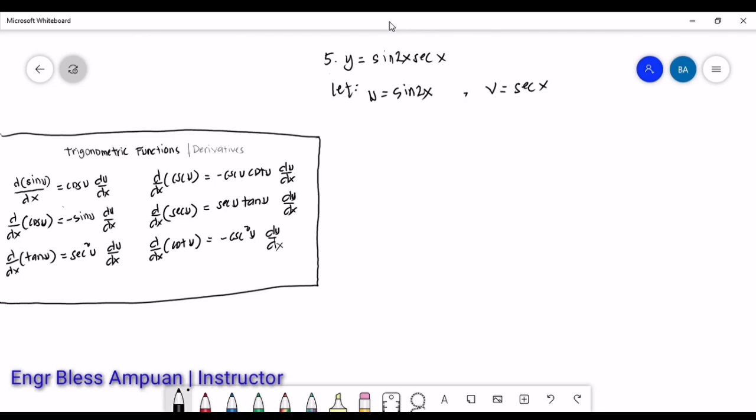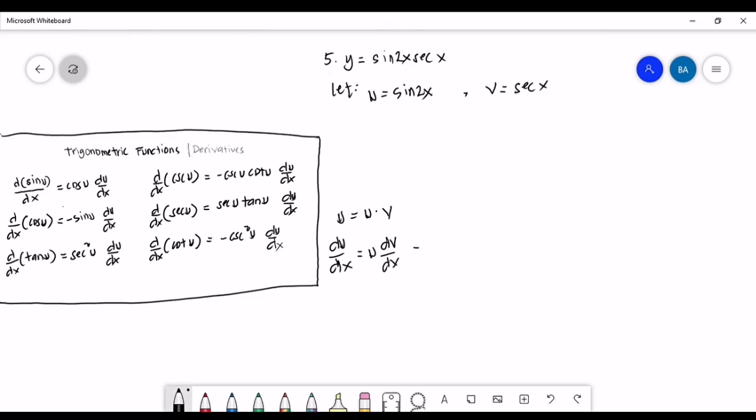Then we can rewrite our given equation as y equals u times v, and if we are going to find the derivative with respect to x, this is under the product rule: u times the derivative of v with respect to x, plus v times the derivative of u with respect to x. Since u and v are already given, we need to find dv dx and du dx.